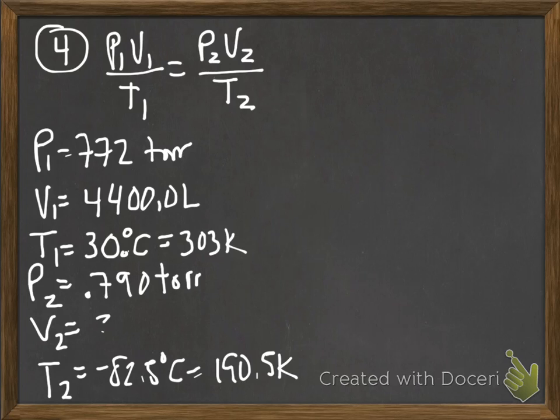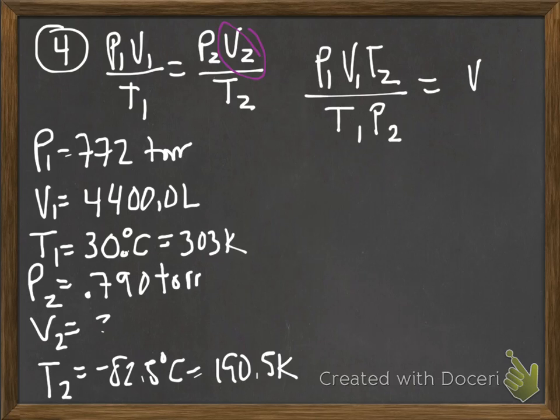Okay, so we've got everything. We are solving for V2. Not difficult. You can do your cross multiply and divide trick if you want. P1, V1, T2 over T1, P2, however you get there, equals V2. So now it's just plug and play. It's plug and calculate.